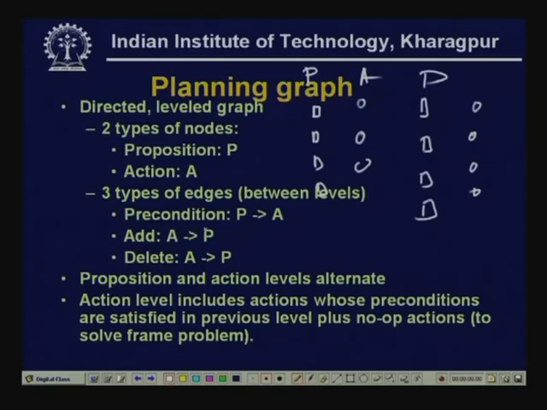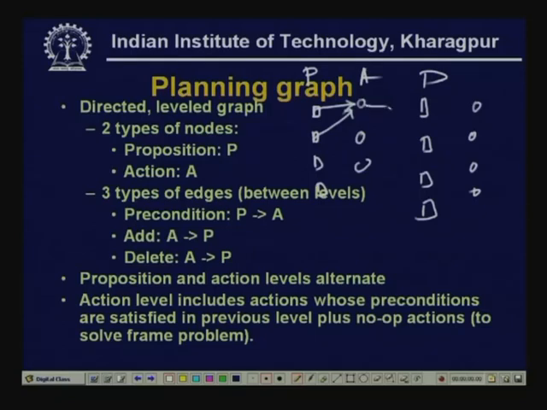There will be the precondition edges from propositions to actions. This proposition is a precondition for this action, or these two propositions are the preconditions for this action. These are called precondition edges. We have add edges from action to proposition.